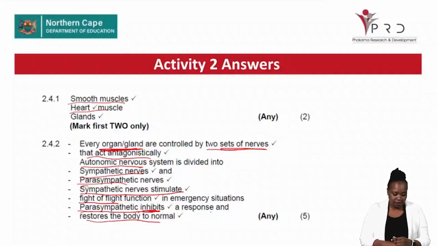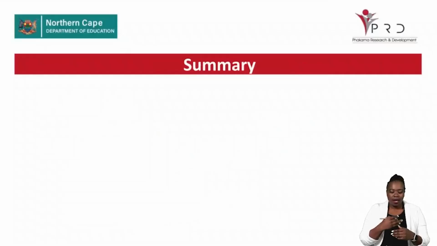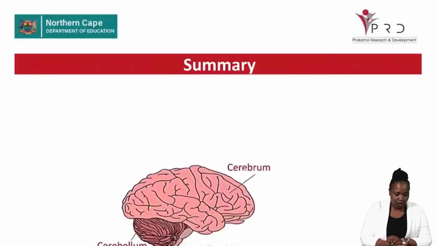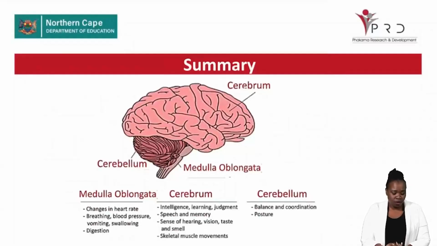All right, let's quickly summarize everything that we have looked at today. Starting with the brain, remember, we looked at the three main parts of the brain: the cerebrum, the cerebellum, and the medulla oblongata. It is very, very important for you to know these functions.